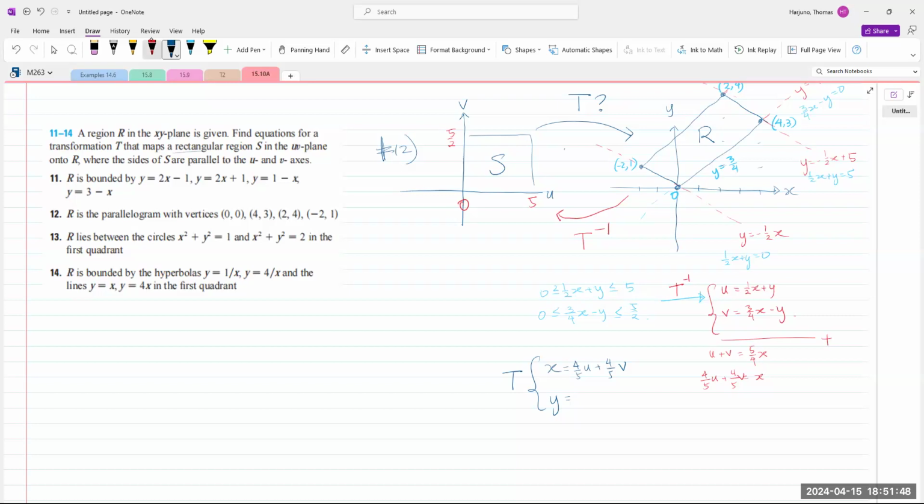So u equals 1/2 x, and then solve for y. That's 2 over 5 u plus 2 over 5 v plus y. So y will be 3/5 u minus 2/5 v.